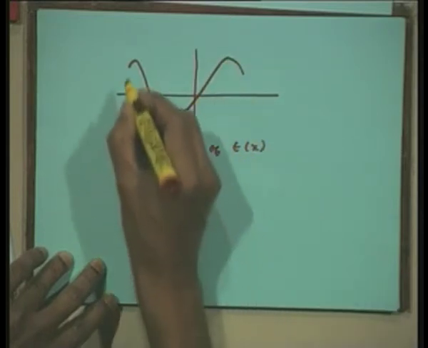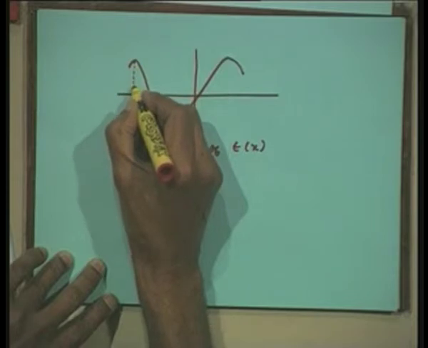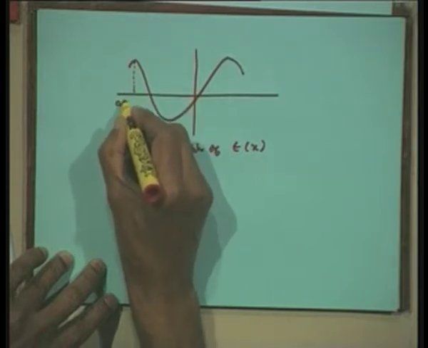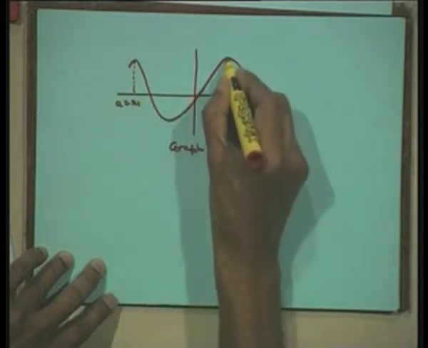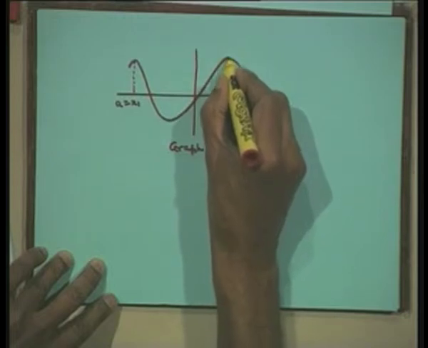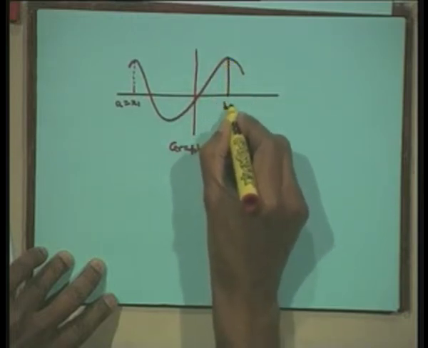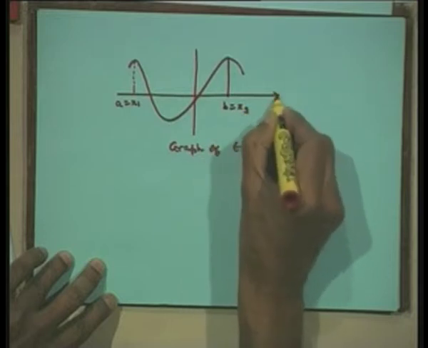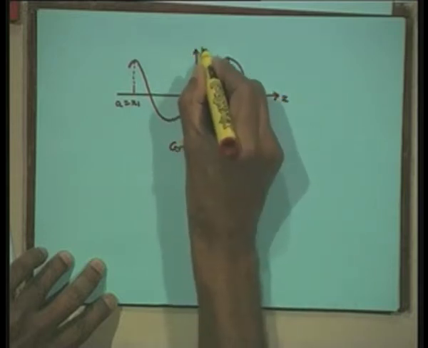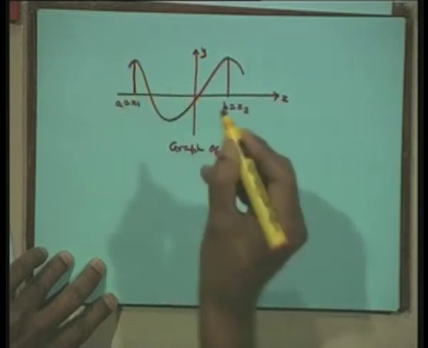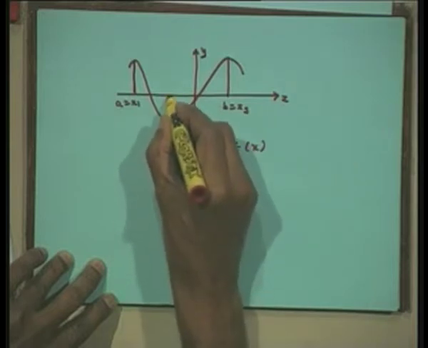We take this point as A, that is equal to x 1. We take this point as B, that is your x 3. Now, I will choose this point as x 2.